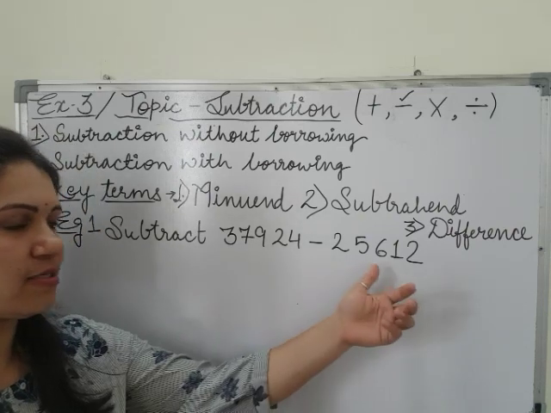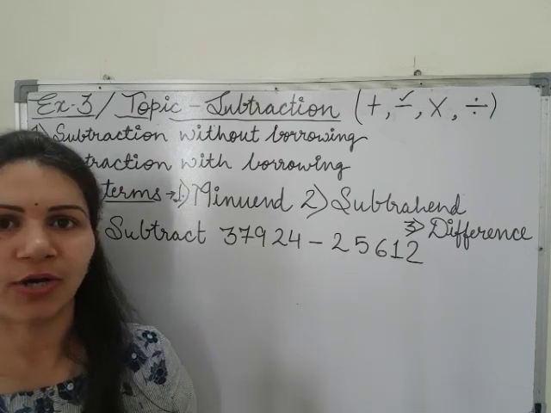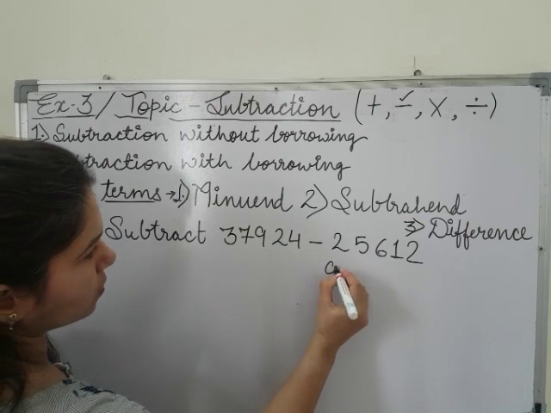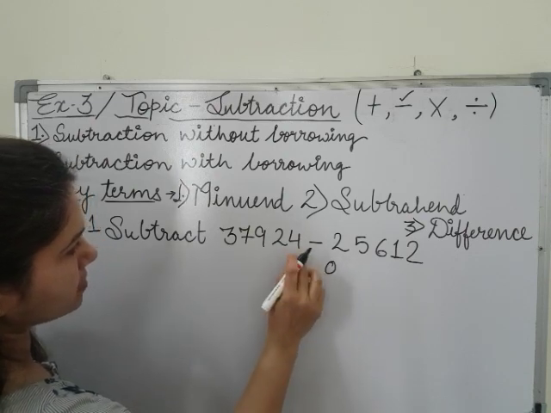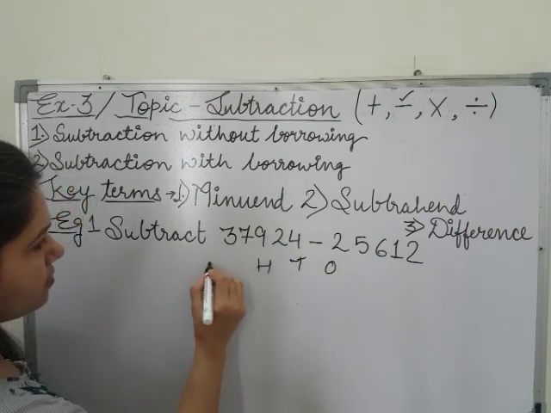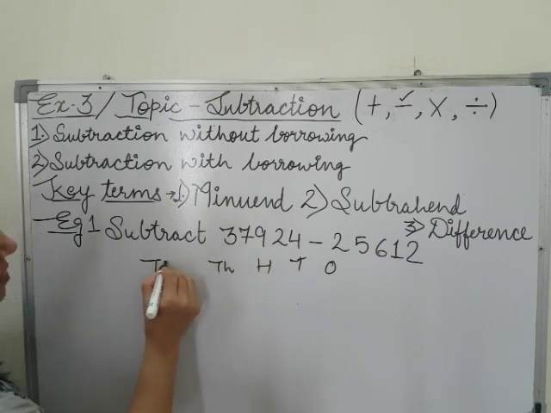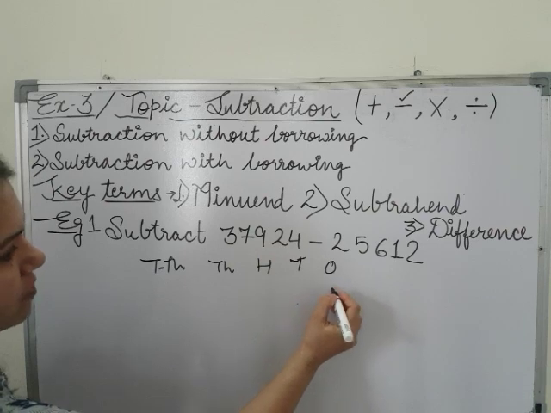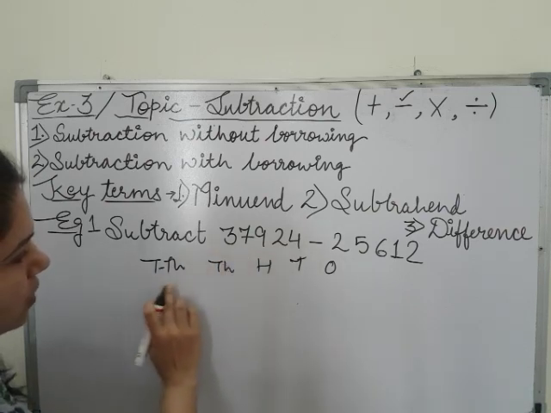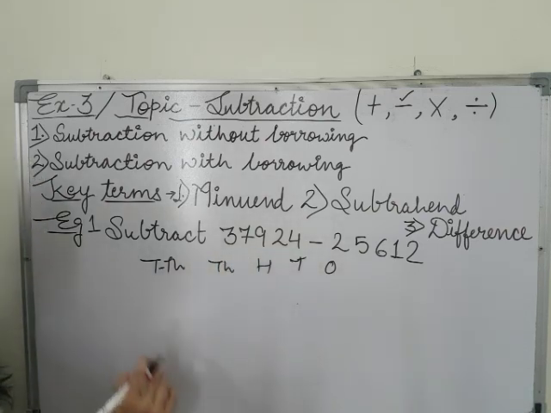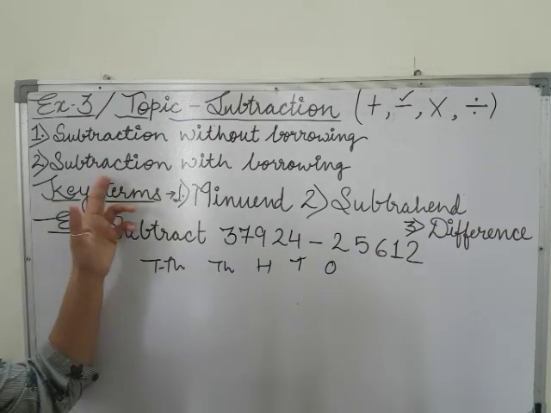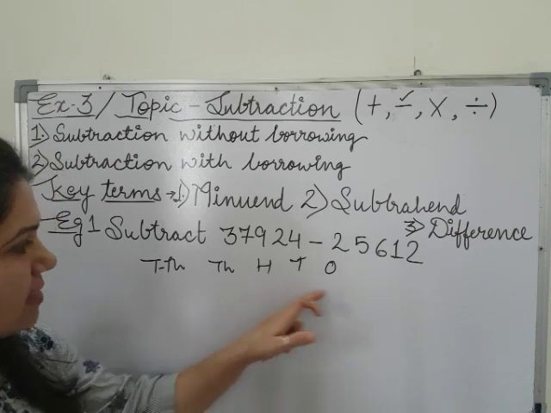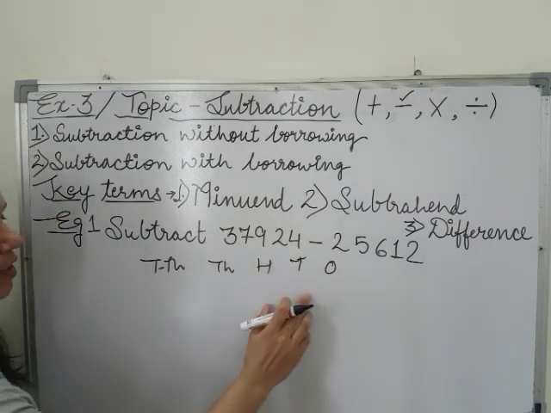First we arrange these numbers column-wise according to their place value. So their place values are ones, tens, hundreds, thousands, ten thousands. And we will write the first number from this place, but we will leave one line gap over here. So in the next category, which is subtraction with borrowing, you will be writing the borrow numbers in that line which you will leave here.